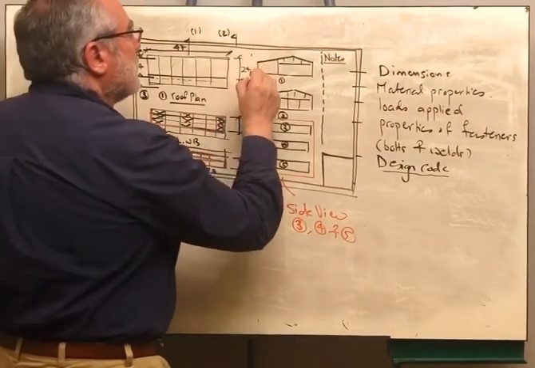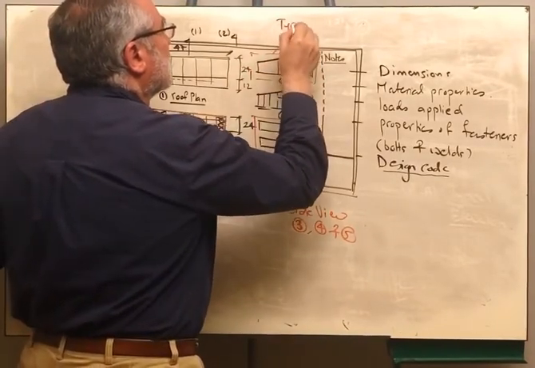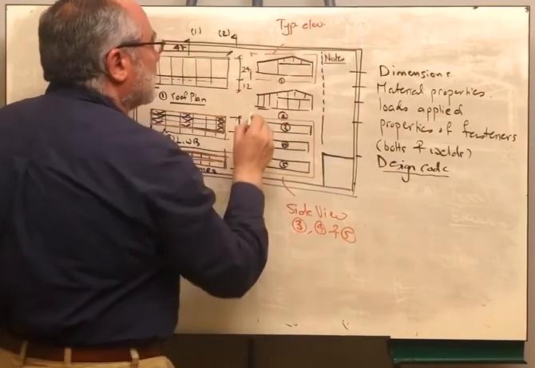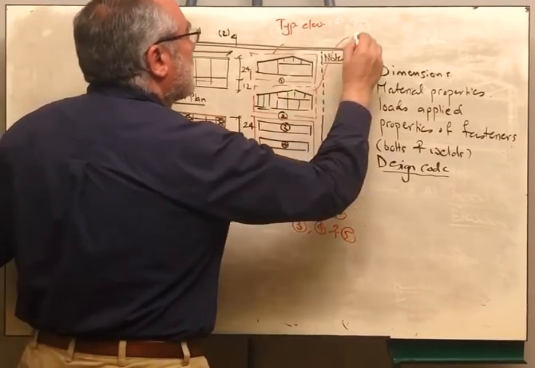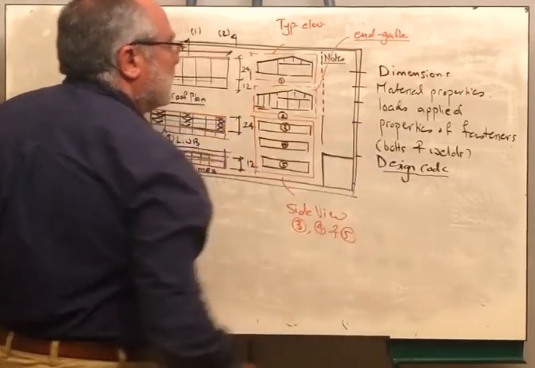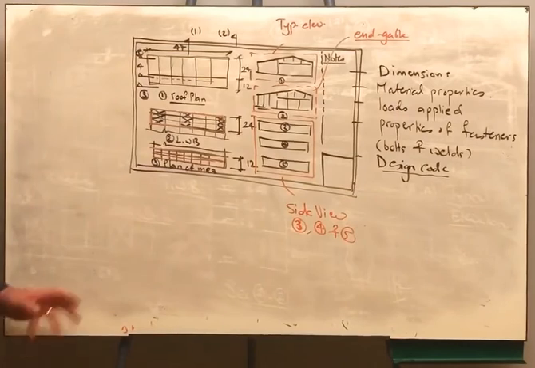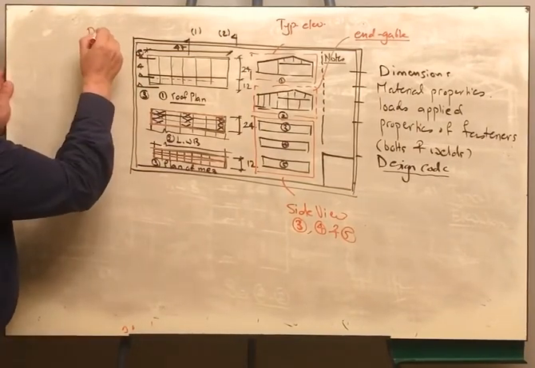And here we have the typical elevation. And here we have the end gable. So this is your first project. Everything in one drawing, size A0.